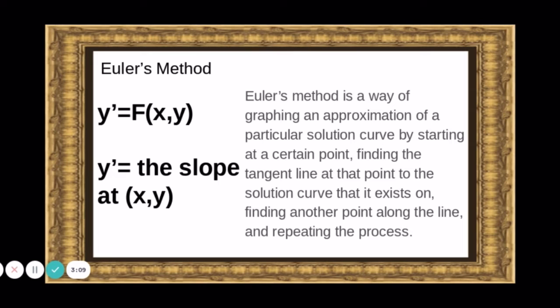Then you find a new point along that tangent line and repeat the process by finding the slope of the tangent line at your new point and finding a new point on that tangent line. Like I said, it's slightly confusing to wrap your head around, but it shouldn't be too hard.